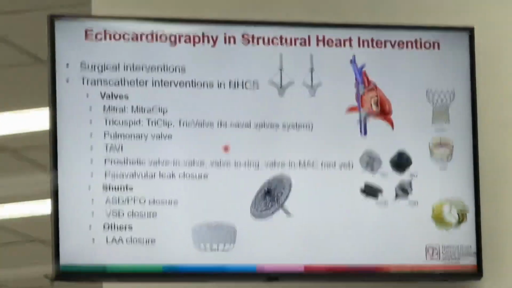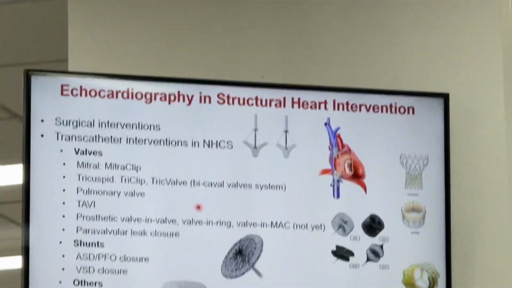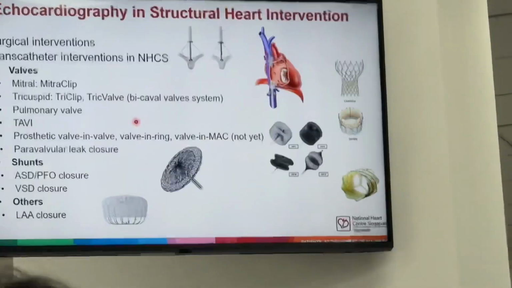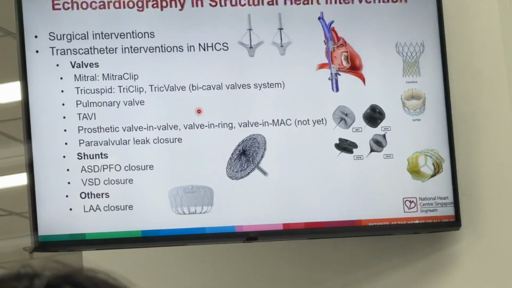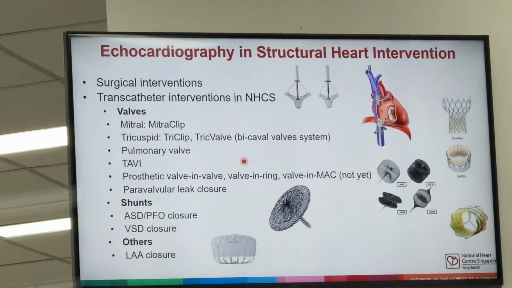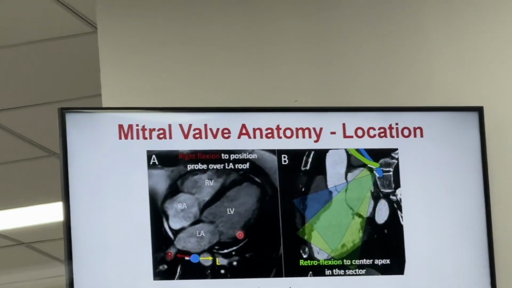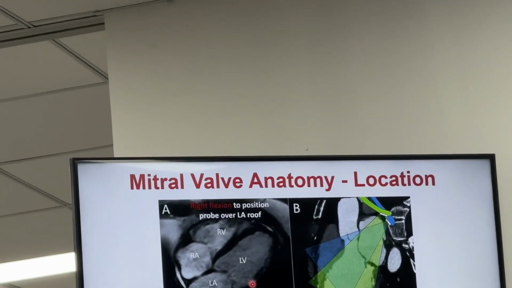And in the past couple of years, we also do prosthetic valve removal in patients, and also left atrial appendage closure. So a lot of things that we do now, we can do the transcatheter way in structural heart imaging.